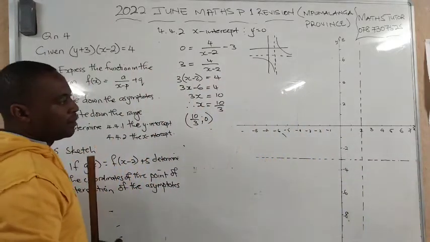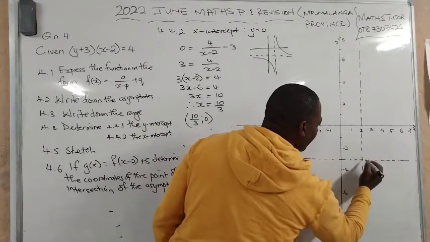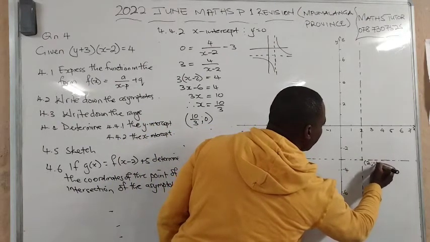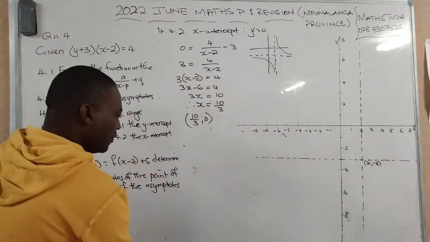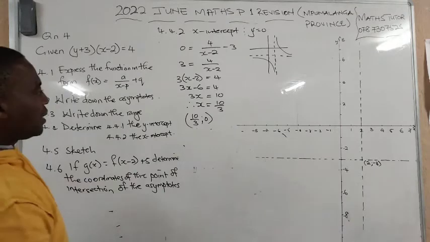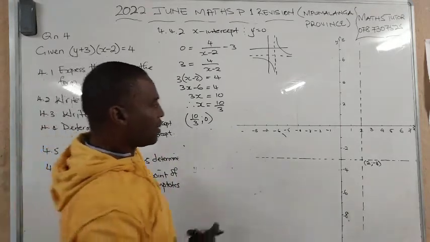Okay, so the point of intersection of the asymptotes is (2, -3). Then we have said it cuts the x-axis at 10 over 3.